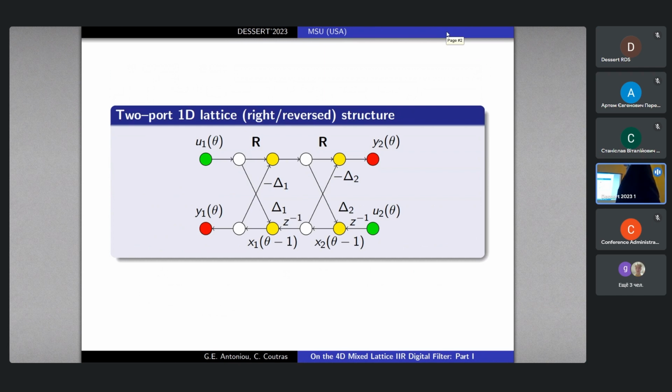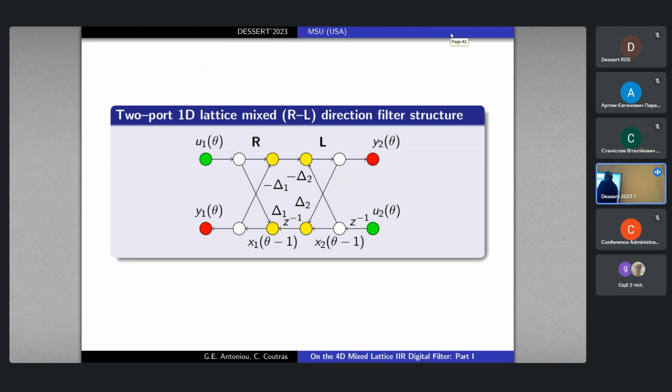So therefore you can see I have this to be a right, and a right variable. So therefore this is a different structure, but has the same transfer function. 1D port.